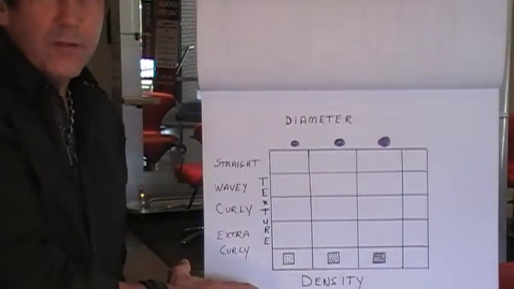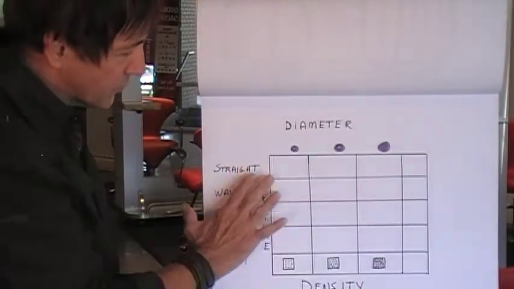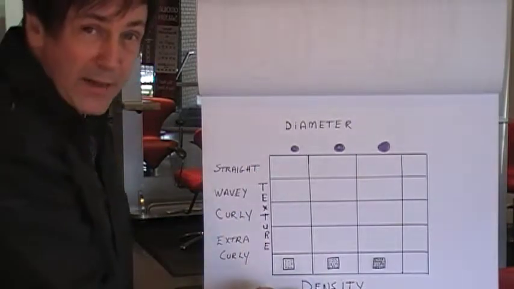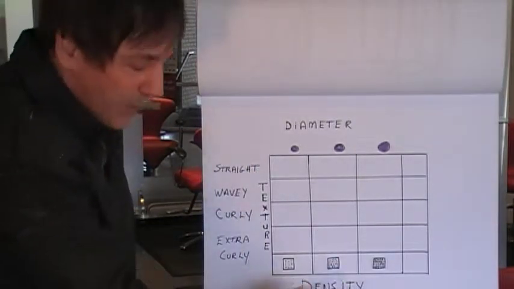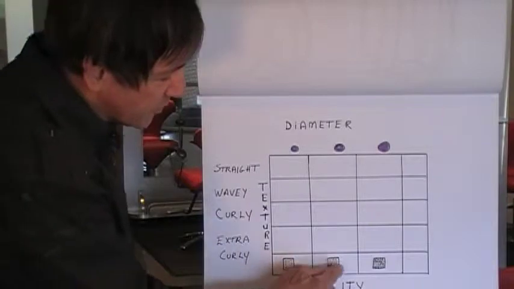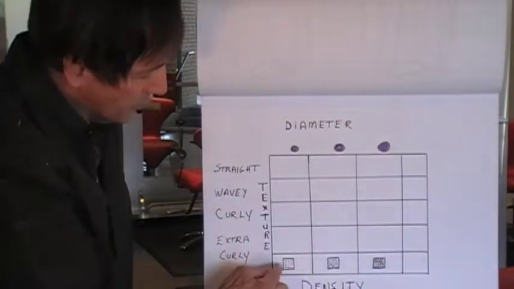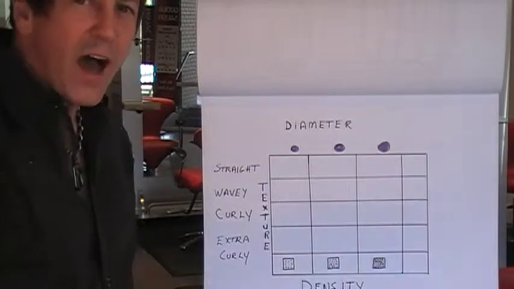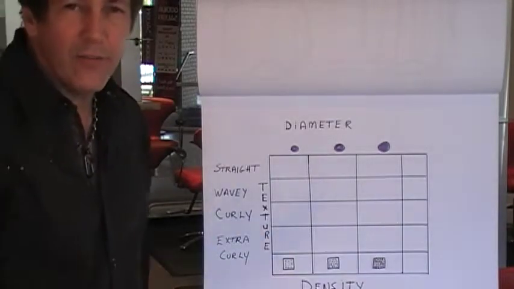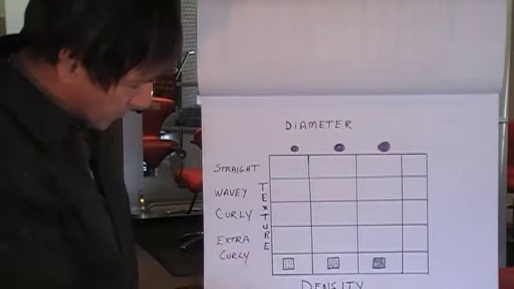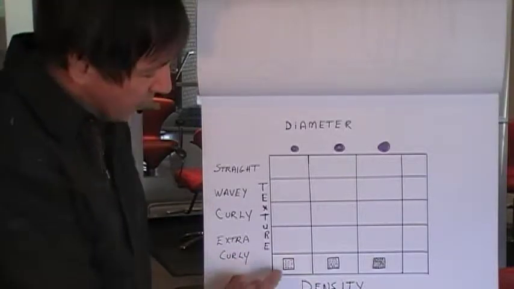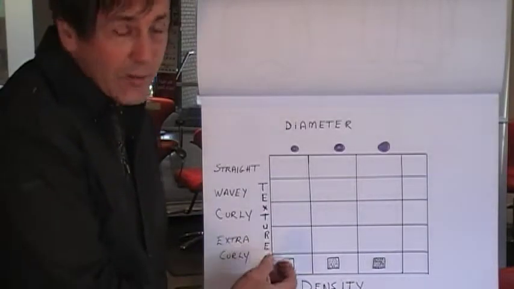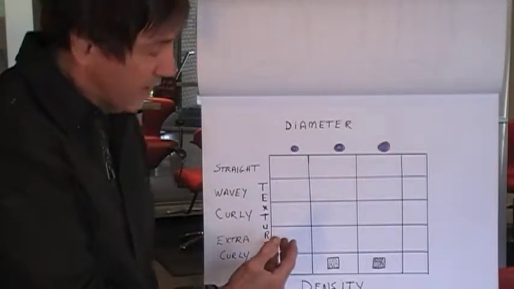Every single individual falls into these two categories right here, as well as the last, which is called density. If you look at each one of these little square inch blocks, you'll notice that each one has more, in this case, dots. But what we're talking about are hair follicles. So with density, obviously, in a square inch, if you have less hair, then it might be considered thin.